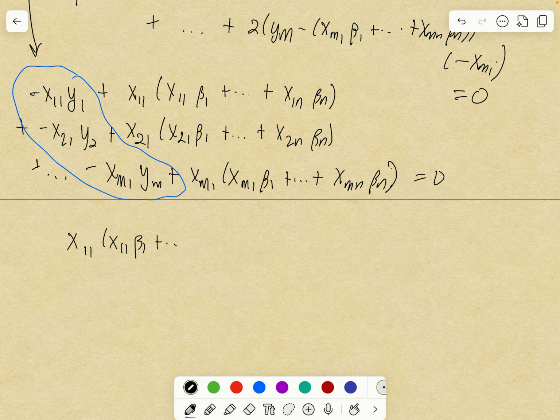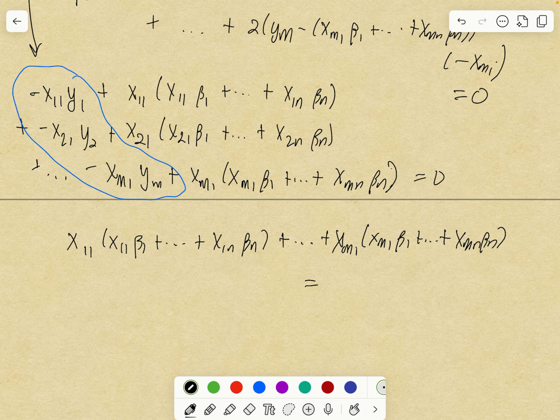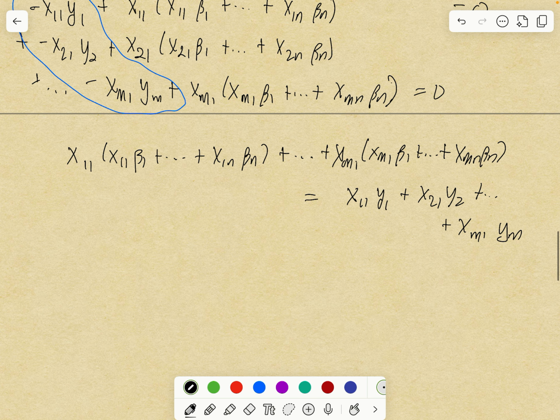x11 beta 1 plus dot dot dot plus x1n beta n plus dot dot dot plus xm1 beta 1 plus dot dot dot plus xmn beta n equals x11 y1 plus x21 y2 plus dot dot dot plus xm1 ym. Okay.